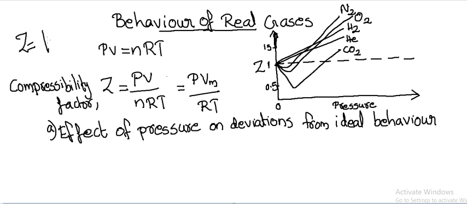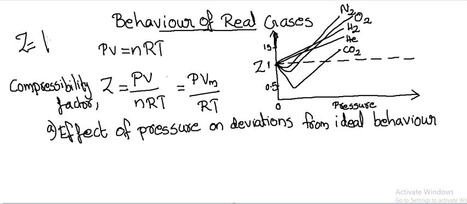Thus, the deviation of the value of Z from unity for a real gas under different temperature and pressure conditions is a measure of its deviation from ideal gas behavior.